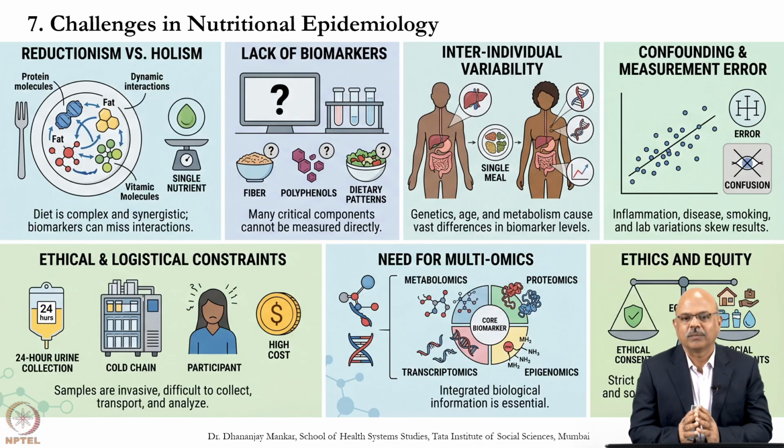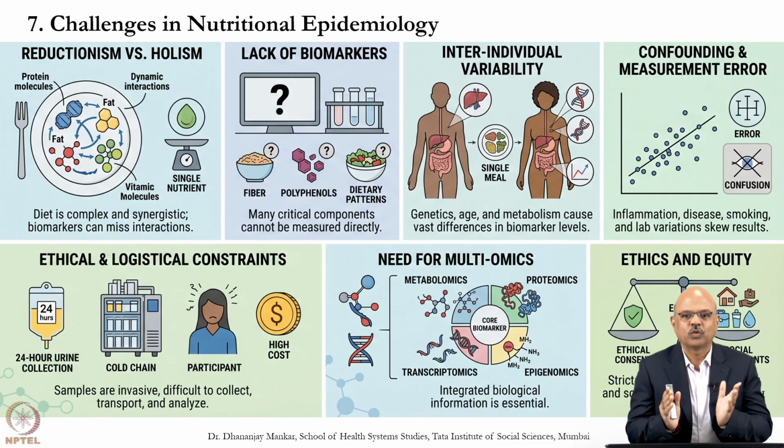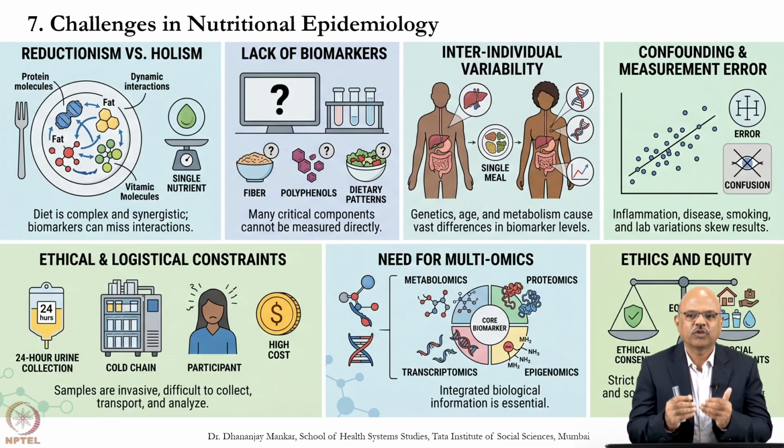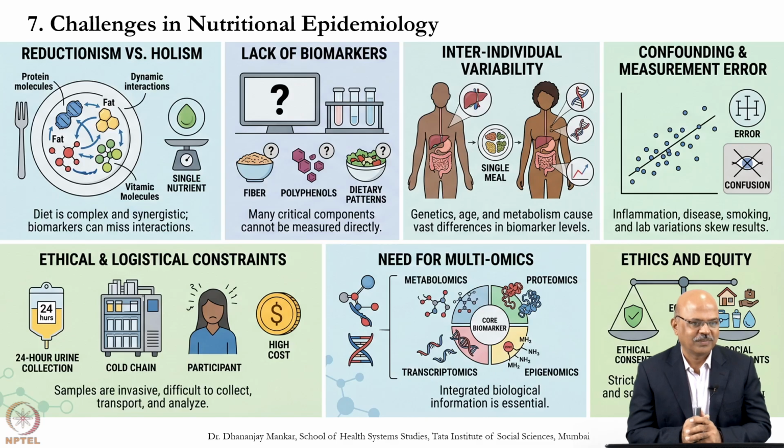Inter-individual variability, where male versus female, organs, and so many things like genetics, age, and metabolism cause vast differences in biomarker levels, from an individual single meal to a complex diet. Confounding and measurement errors are invariably present, where inflammation, disease, smoking, and lab variations skew the results.